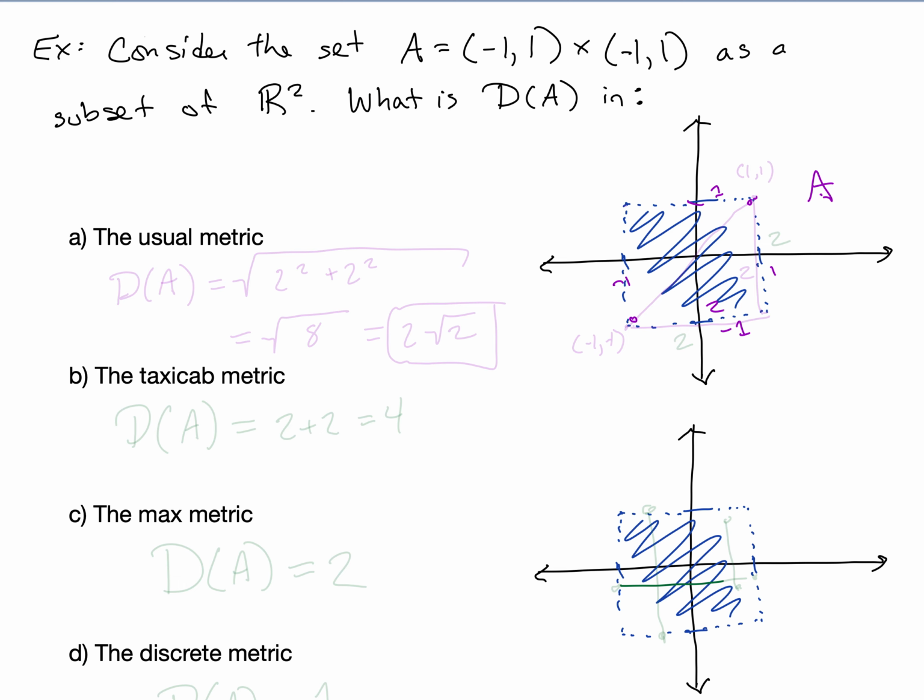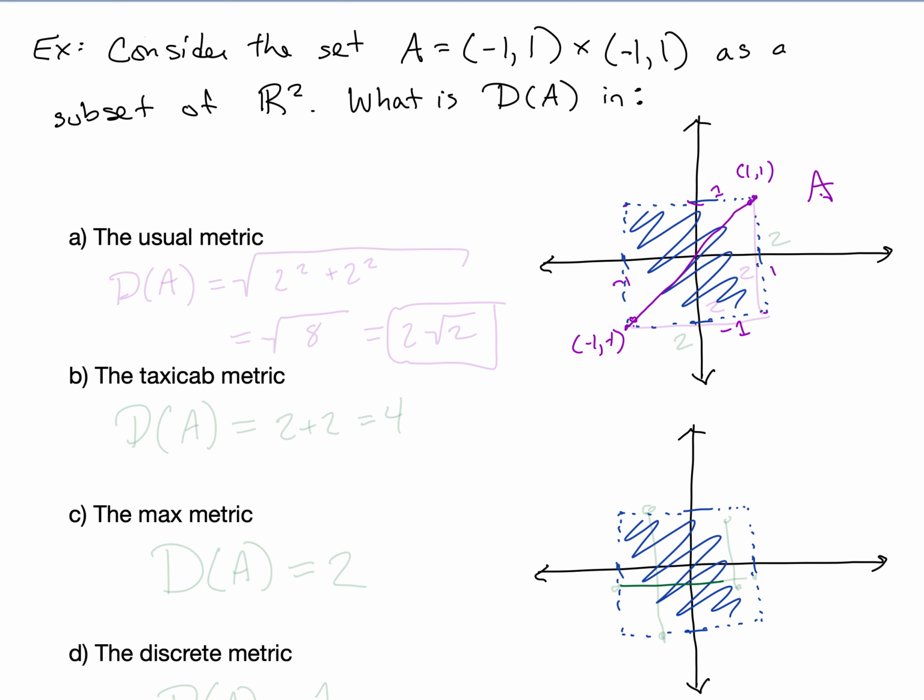And we know that the actual endpoints are not included, but because this is the least upper bound, we do have an upper bound on that distance. So in the usual metric, that upper bound would be the distance, say, between the points (1, 1) and (-1, -1), or on the other side similarly. That would be the least upper bound of the distances between points in this set. And so in the usual metric, that's just the length of that hypotenuse.